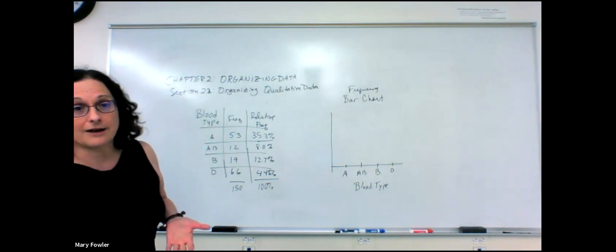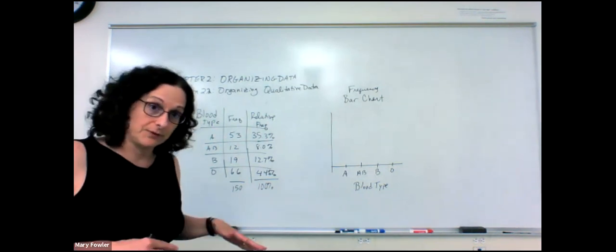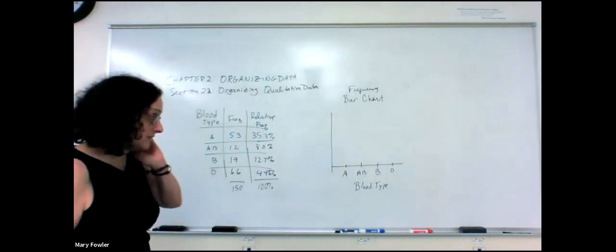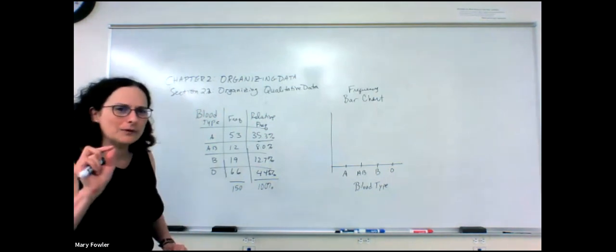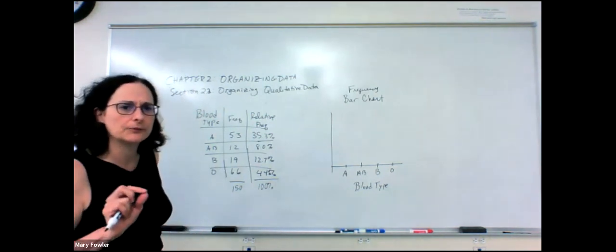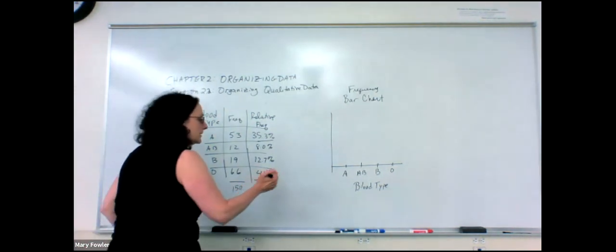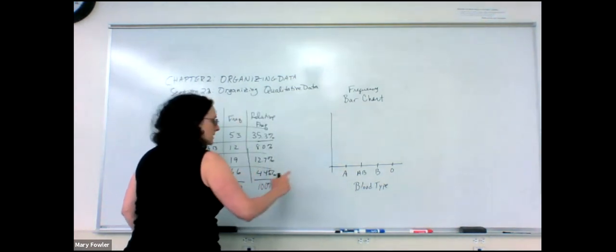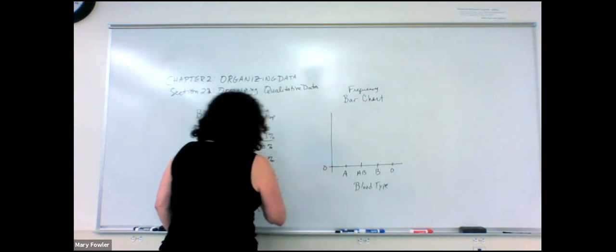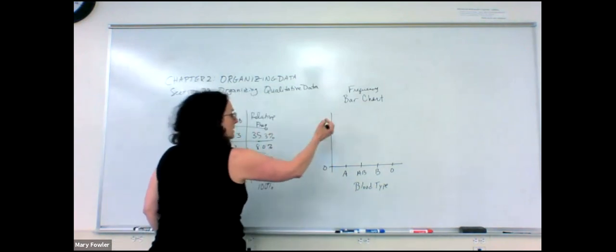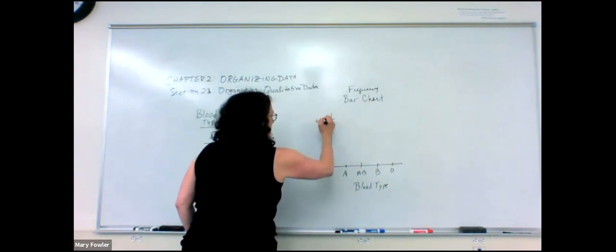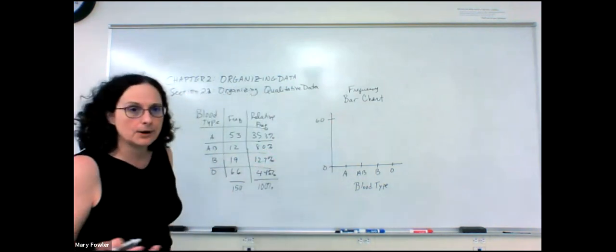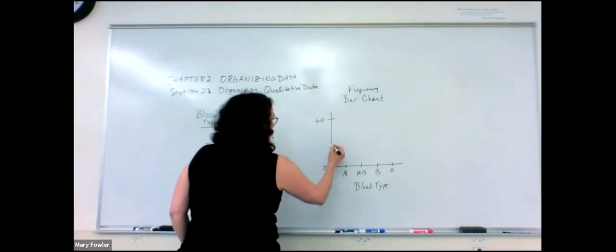And for some of the other graphical techniques that we use, we'll have to make sure that we include the 0. Or I'll show you at the end of the chapter some variations on how to handle it if that doesn't seem like a good idea. So that's going to go from 0 to, let's say, 60. You want to round it up to some pretty number. You want to pretty it up.